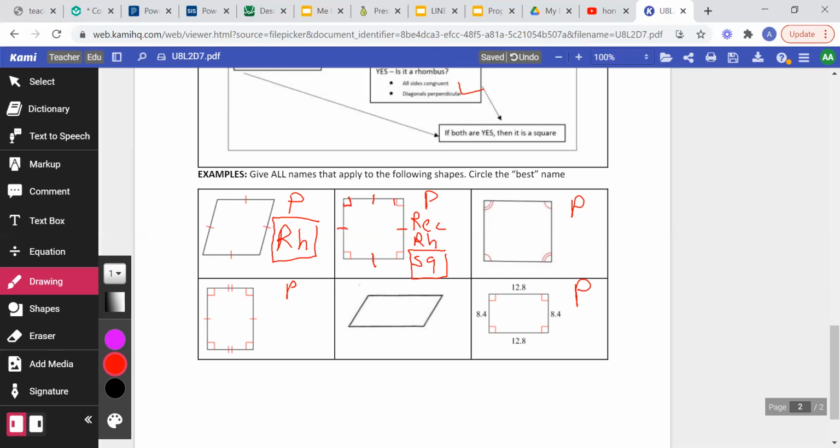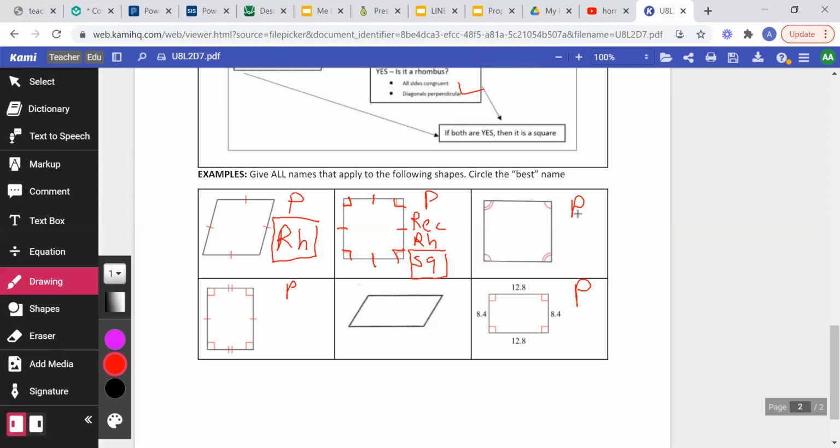So here, here, here, here, same. Whereas the definition of a square says all angles congruent, all sides congruent, okay? So the most specific name here is a square, even though it has three other big names, okay? The next figure, with the definition of a rectangle, is this figure a rectangle?